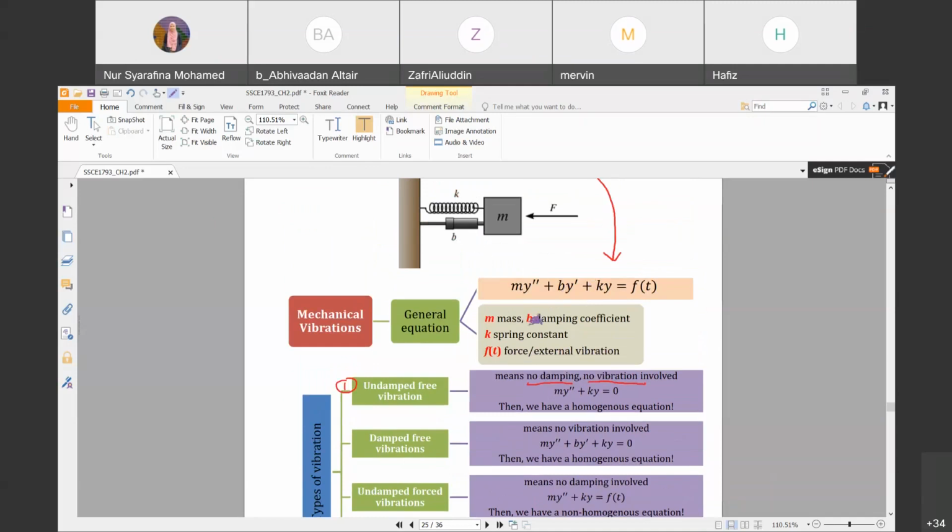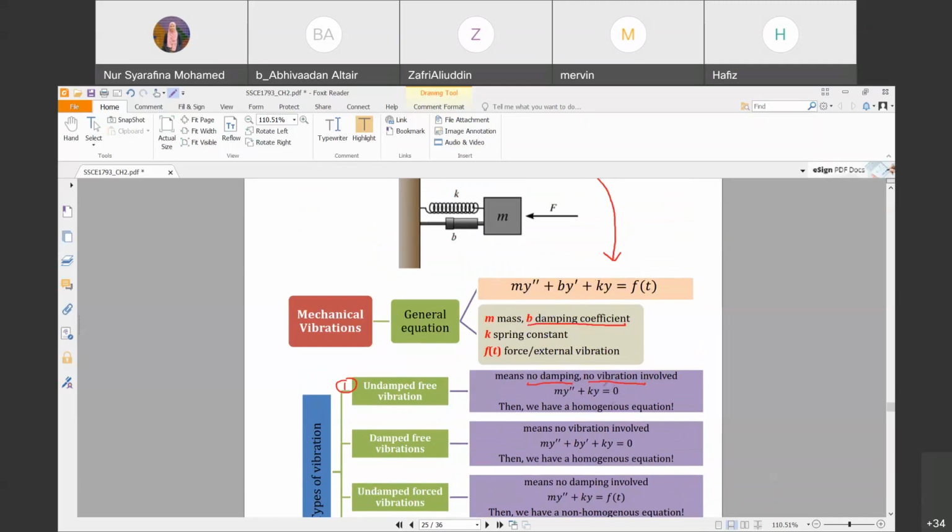Because B is the damping coefficient. And then we just have here my'' + ky = 0. Understand? No damping means no force, so that's why it is 0 there.